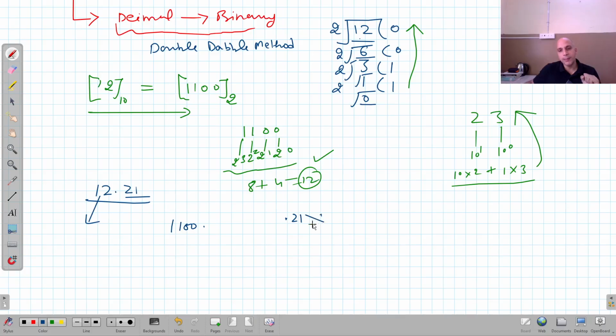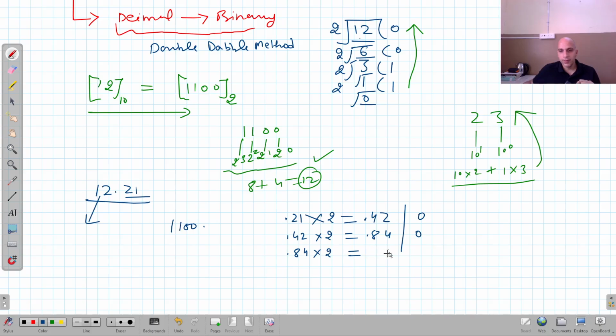The way is to multiply it by 2 and record the integral part. So when I multiply it by 2, I will get 0.42, right? The integral part is still 0. Then 0.42 multiplied by 2, then I will get 0.84. Still the integral part is 0. Then 0.84 multiplied by 2. Now what do I get?